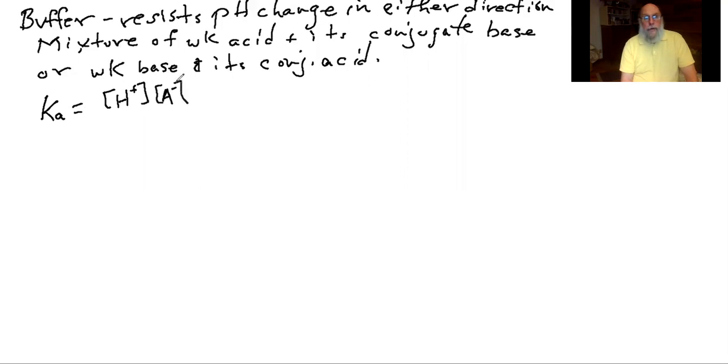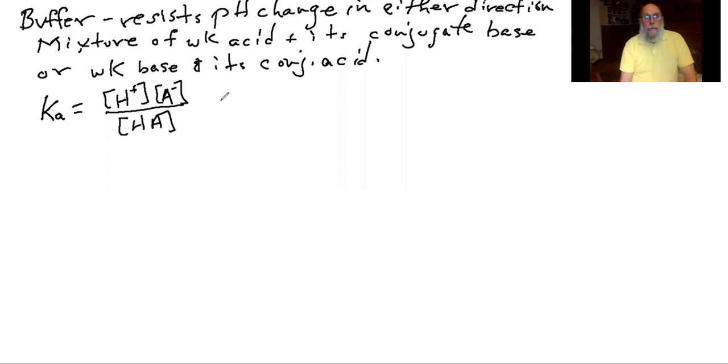And this is just our generic weak acid, HA. Generally, a carboxylic acid is the most common by far. And we've seen that before.